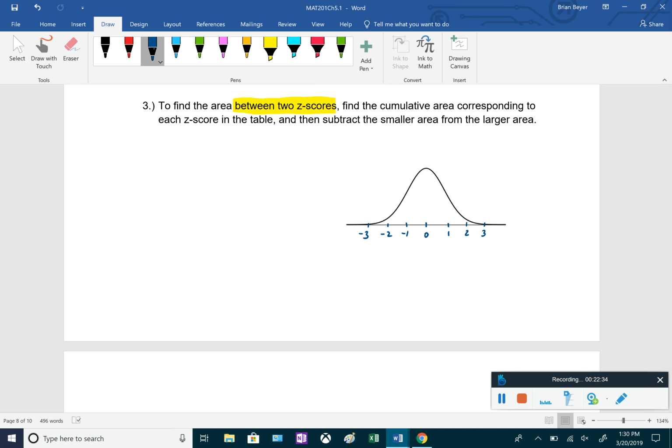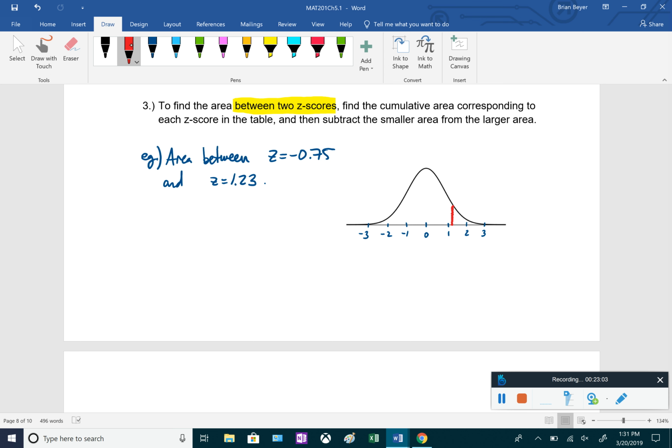So for example, let's find the area between z equals negative 0.75 and z equals 1.23. So we have to find the area to the left for each of them, and then we have to subtract them. Larger one minus the smaller one. So the reason why we do this, so 1.23 is right here.